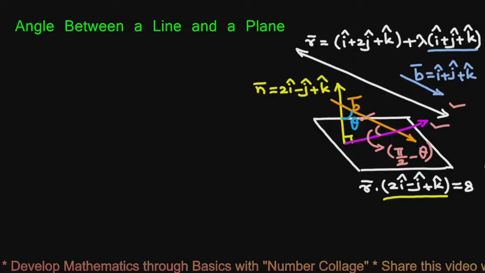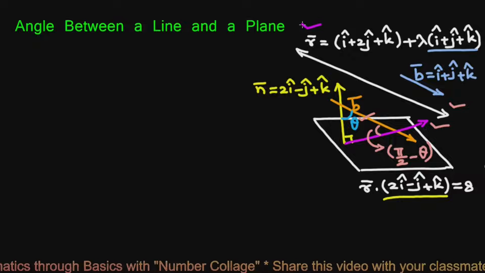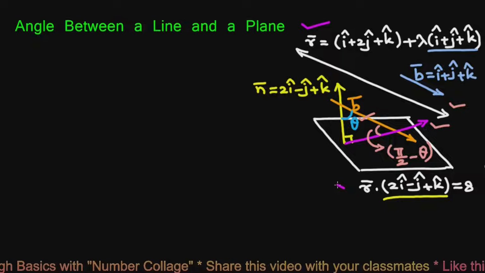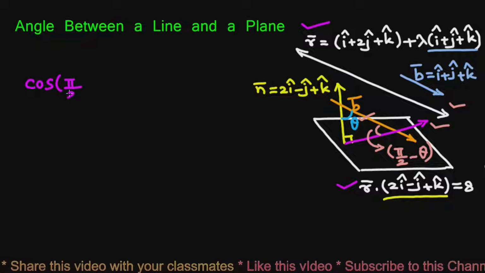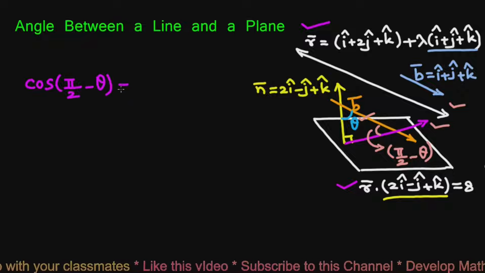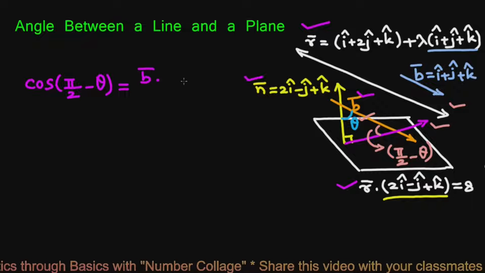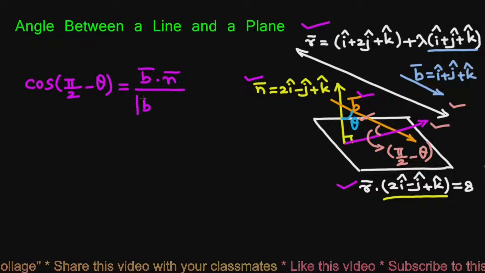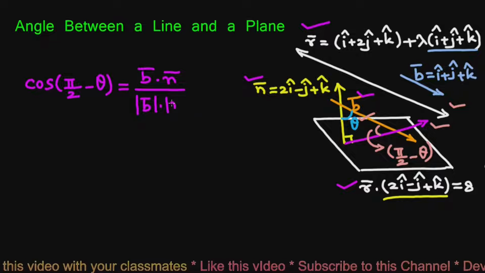So in order to find the angle between this line and this plane, we will write cos of pi by 2 minus theta equals b bar dot n bar upon mod of b bar into mod of n bar.